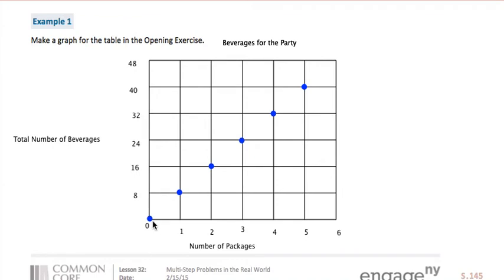And then just to show the relationship more clearly, we'll draw a line connecting those points. And the purpose of the line graph then will show us that we can tell any place along the continuum how many beverages there will be depending on the number of packages that we have.